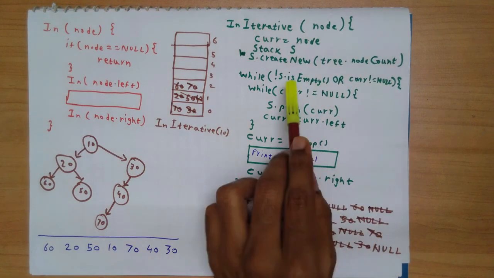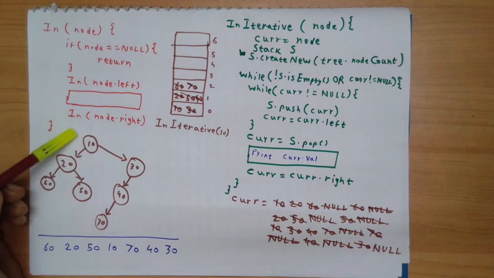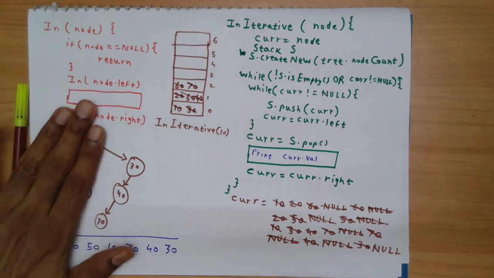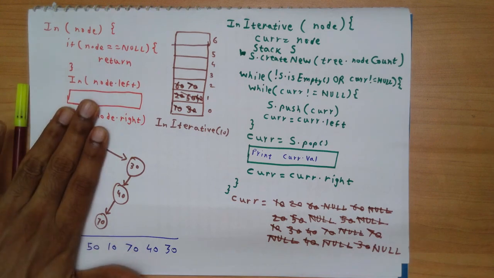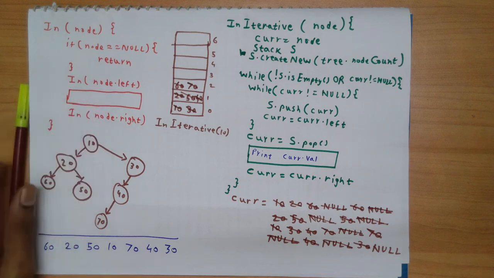If I know that only the stack is empty but my current is not null, then I'm either starting my in-order traversal or I'm done with the left subtree of the root and I have visited the root, and the only remaining thing is performing the in-order traversal for the right subtree of my root.